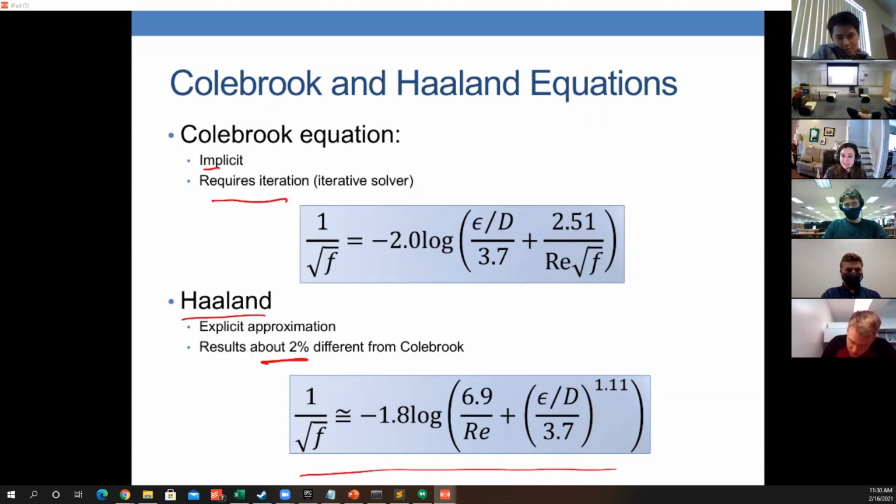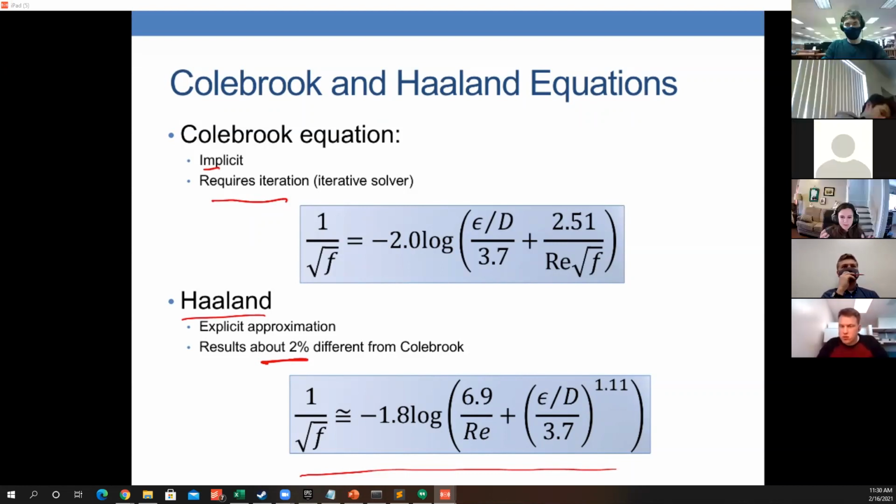That difference usually is not significant to the kinds of problems we're solving, because we make a lot of assumptions that probably make about a 2% difference, frankly. However, the Colebrook equation is the more accurate one, and I want you to know how to use it. There could be situations out in the world where you want to be as accurate as possible, and a 2% loss in accuracy would be a significant loss. Okay, so I want you to know how to use that, and you will.